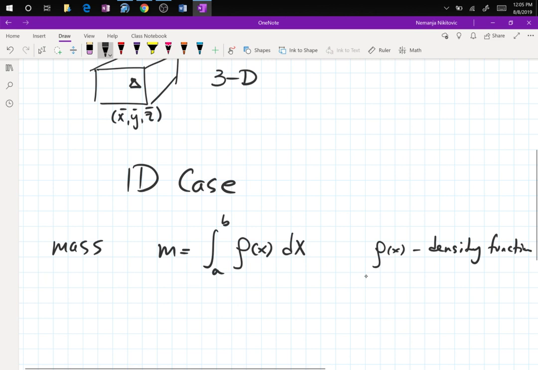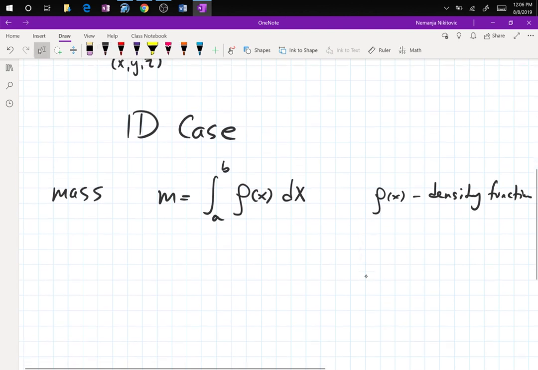In that case, the density would be uniform, and the mass of the object would be uniform, and you have the center of mass exactly in the center of that rod. But if impurities are added, if there are mixtures of different materials, two materials stuck together, then the density is not uniform, which means that the center of mass is not going to be in the middle of the rod.